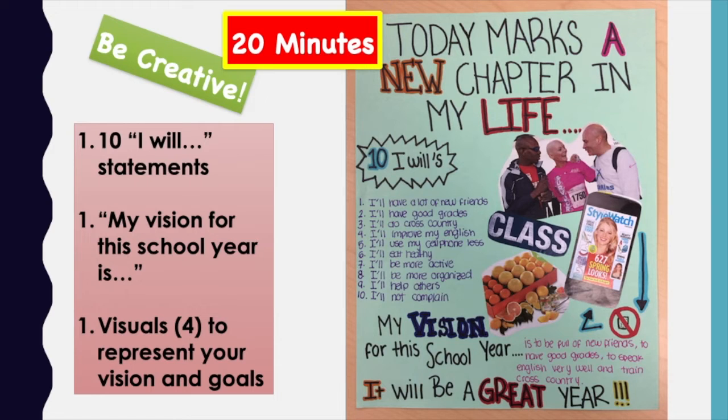When you're finished, you're going to draw at least 4 visuals that represent your goals. When you go home, if you want to add clip art, cutouts from magazines, or printed pictures, then you can do that. You will be putting this assignment inside your notebook, and I will tell you when I return where that will go, so do not lose that.